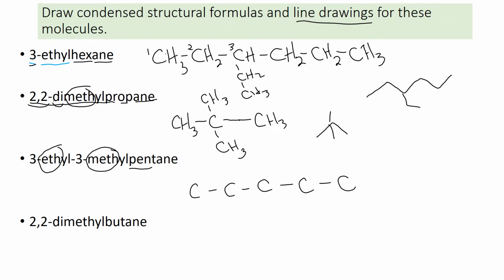And both of them are on carbon number 3. So we go 1, 2, 3. Here's carbon 3. So we're going to put a 1 carbon branch and a 2 carbon branch on carbon number 3. And then we fill in the hydrogens. This one needs 3. This one needs 2.